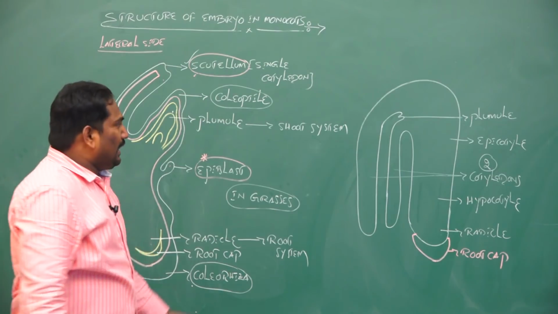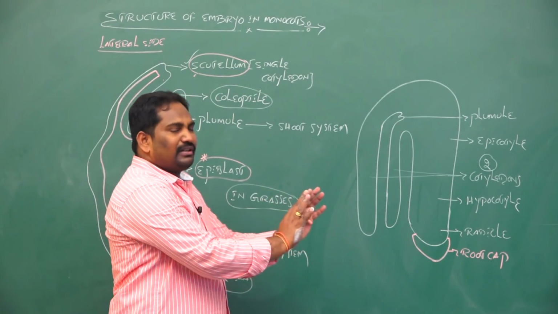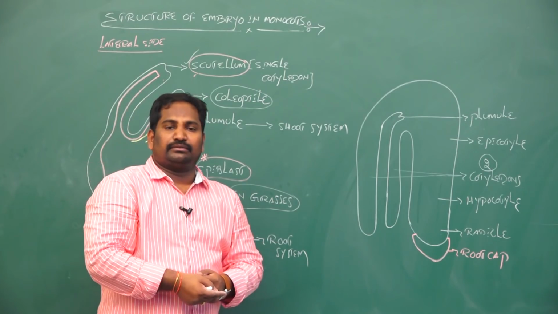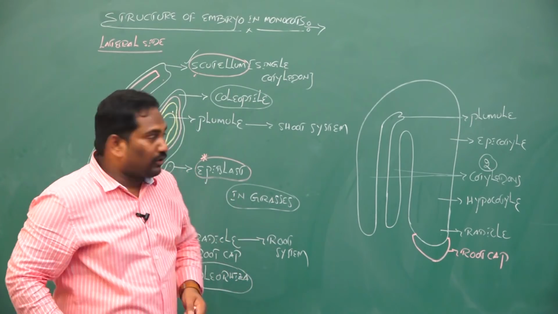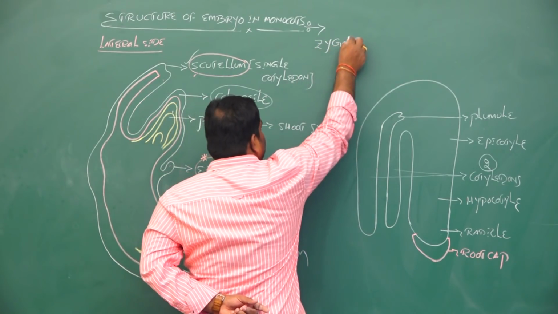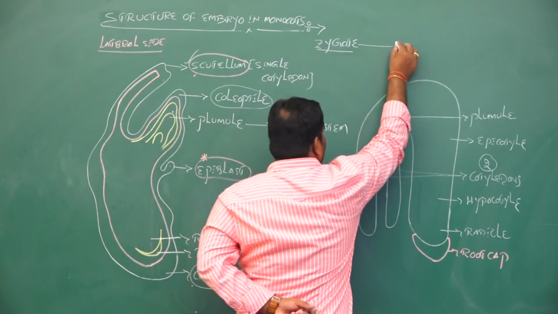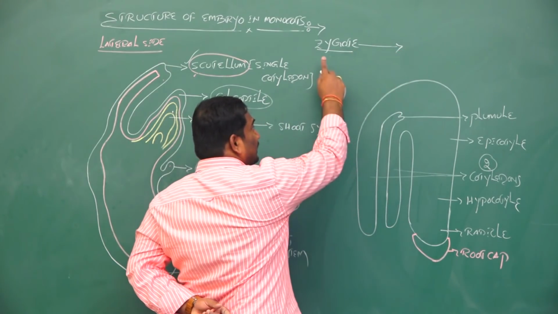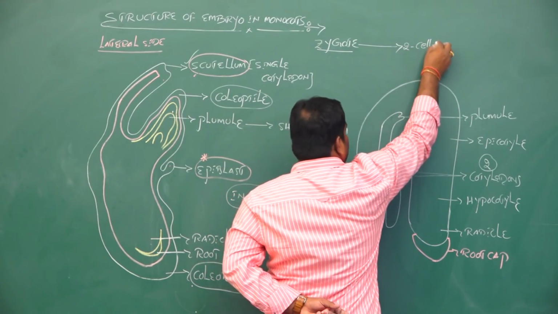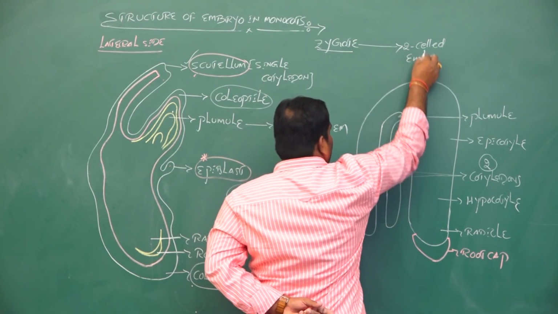And I am giving you a very simple flowchart, a synopsis of embryogenesis in dicotyledons and monocotyledons. Generally, the zygote is a single cell. Whenever it undergoes mitotic cell division, it produces a two-celled embryo.